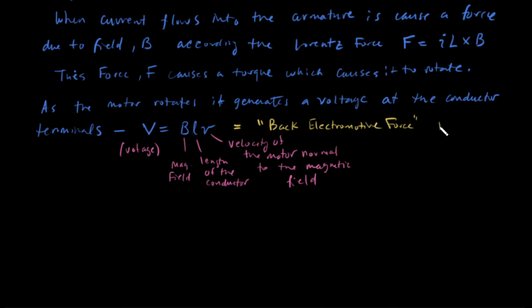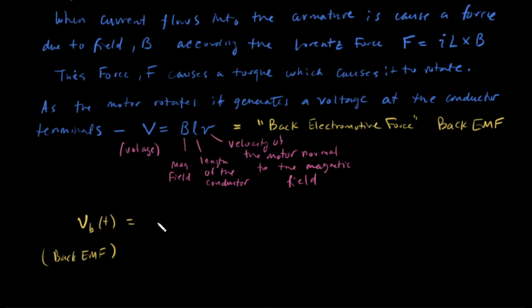This is the voltage that's generated as the motor rotates, and it actually is a voltage that has to be overcome when we start the motor. So we can model this as the voltage generated at the terminals, which is our back EMF.